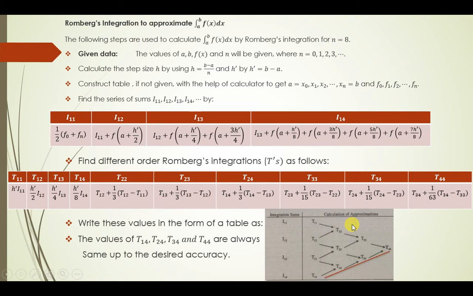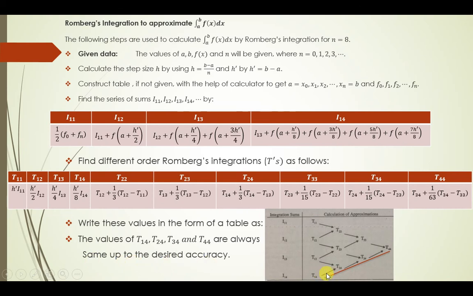We see here this diagonal, T14, T24, T34 and T44. The values of T14, T24, T34 and T44 are always the same up to the desired accuracy.